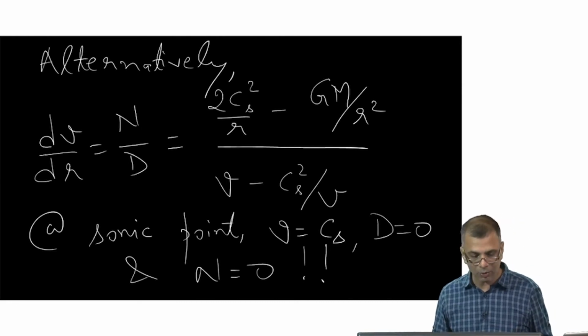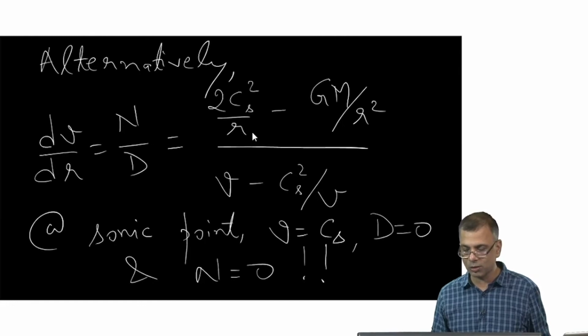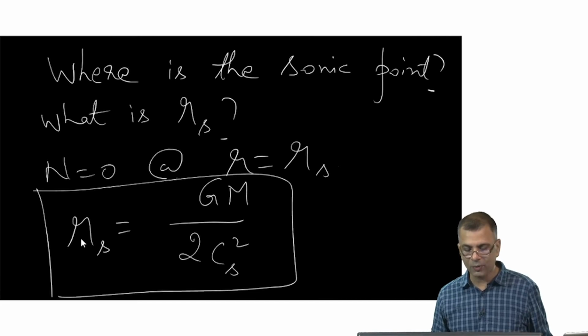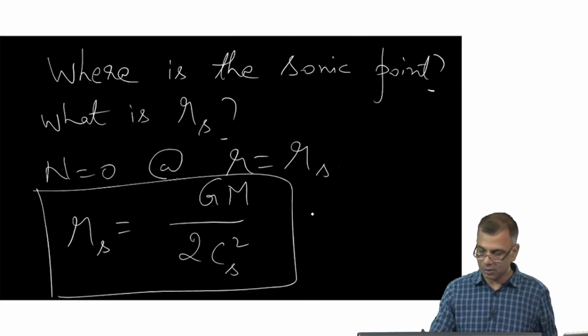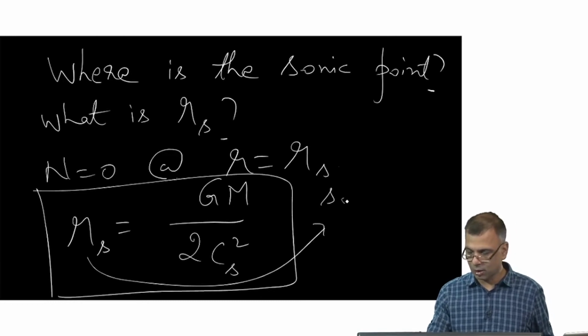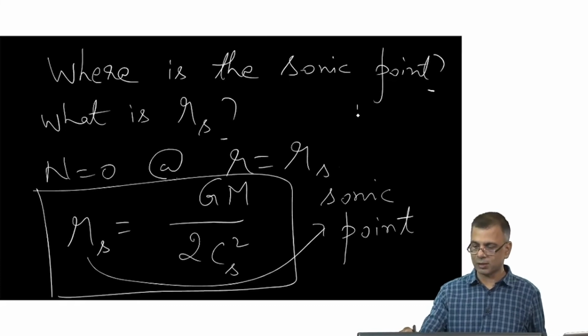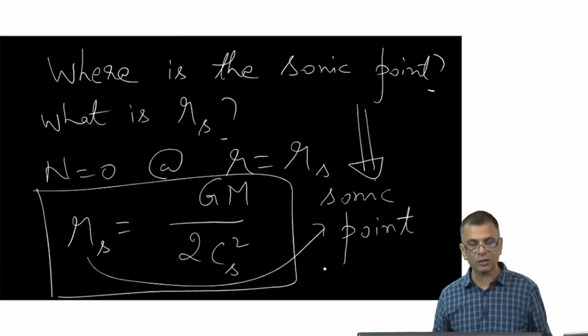And where does the numerator become 0? Well, the numerator becomes 0 at r equals rs. So if you are asking that the numerator becomes 0, 2Cs squared over r has to be equal to GM over r squared, and that happens at an r which we will now call the r sonic, equals GM over 2Cs squared. So this rs is the sonic point. Okay, this is the answer to this. Where is the sonic point? Well, this is the sonic point.